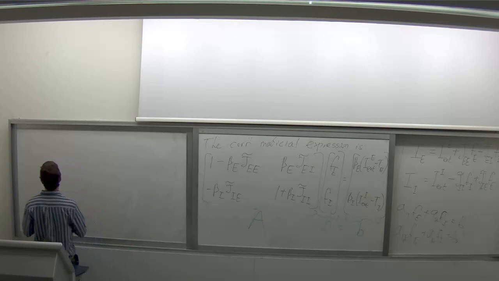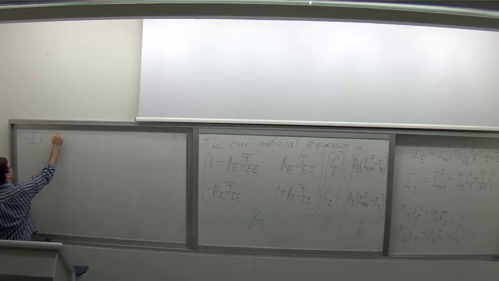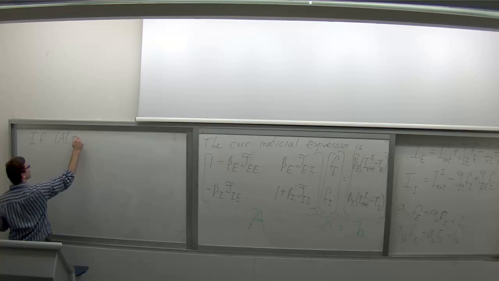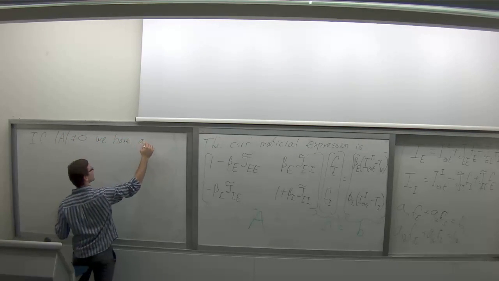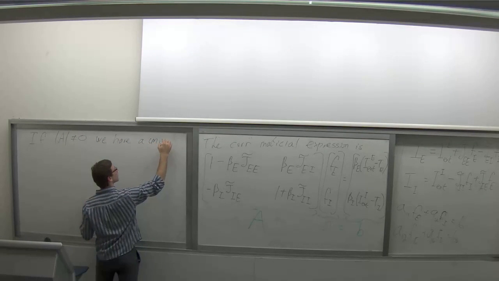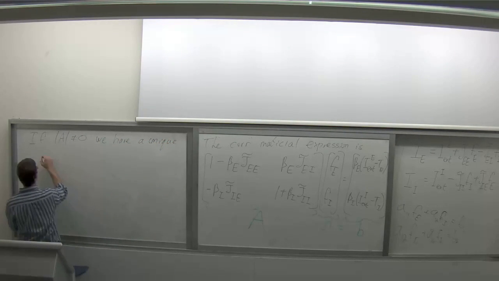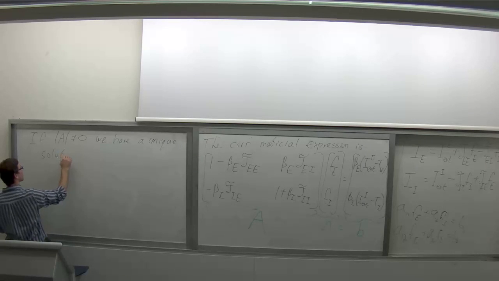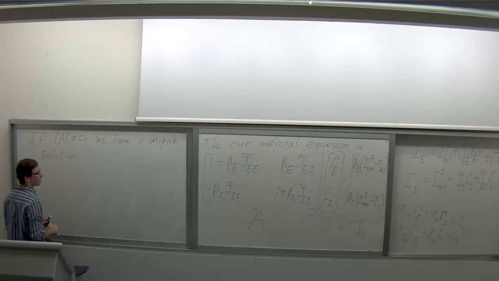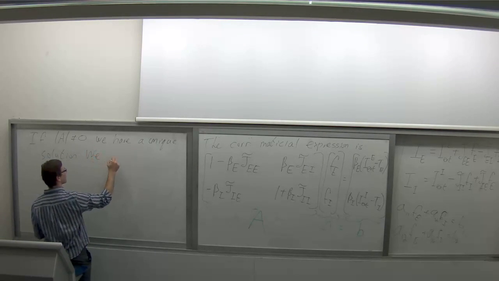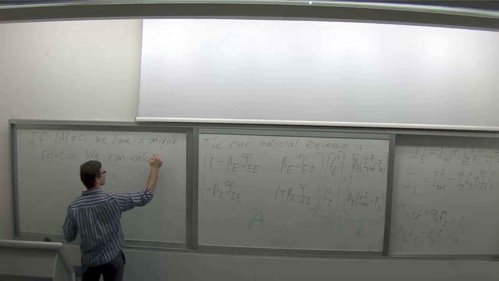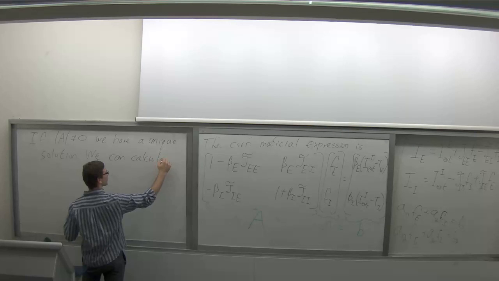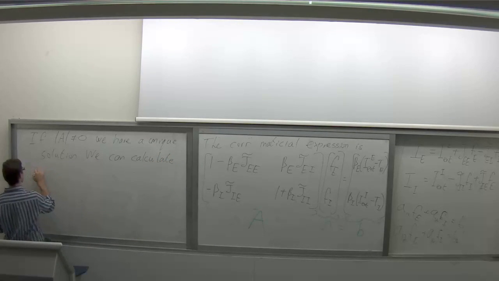If the determinant of A is non-zero, we have a unique solution, and we can calculate it by Cramer's rule.